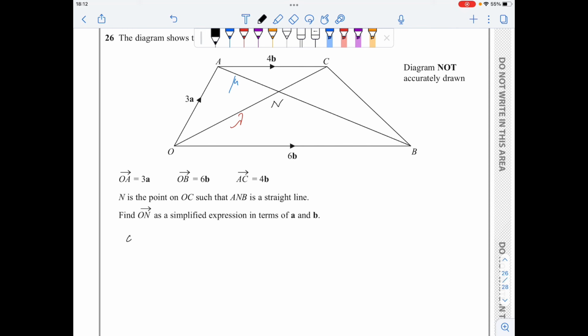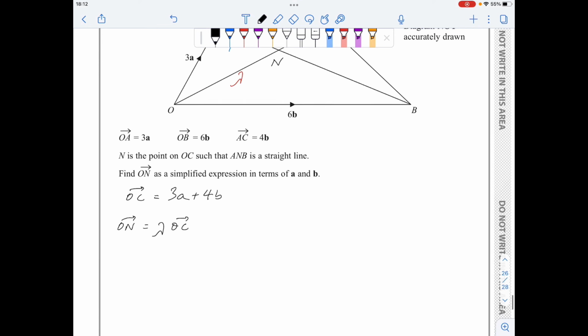First I'm going to need OC. So OC is equal to 3A plus 4B. Then ON is equal to lambda times OC, which means ON is equal to lambda times (3A plus 4B).